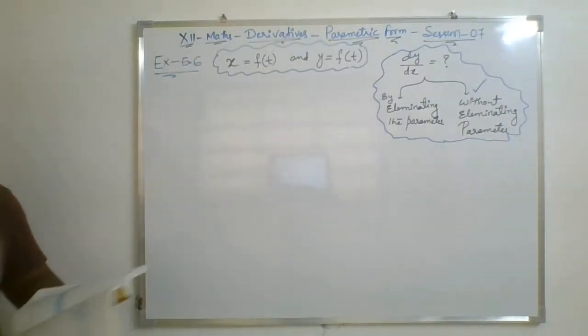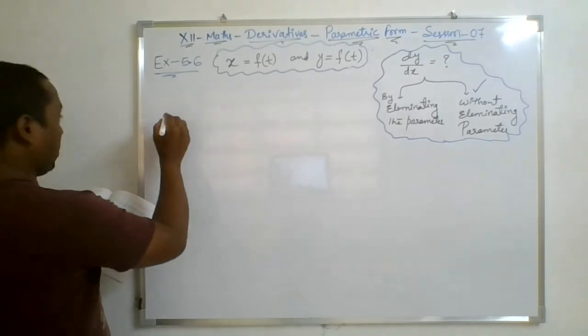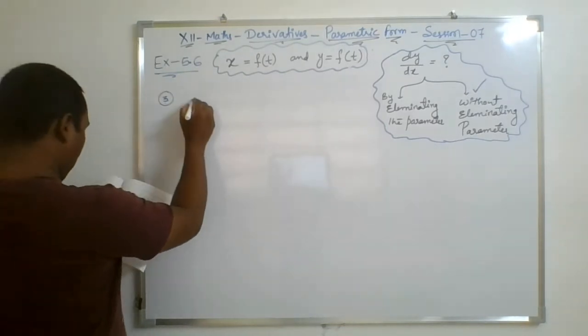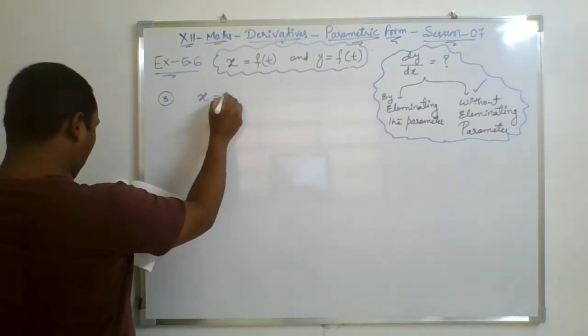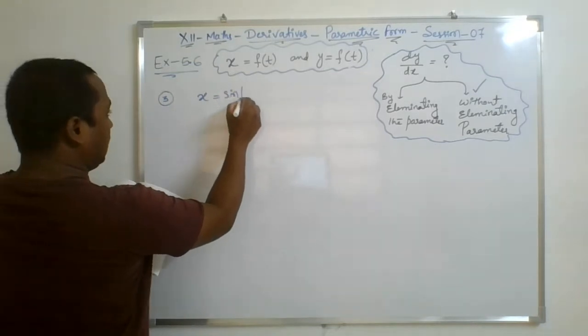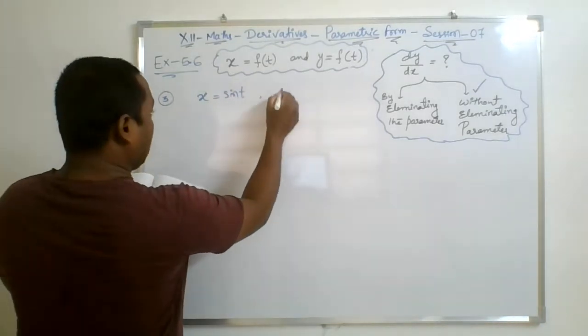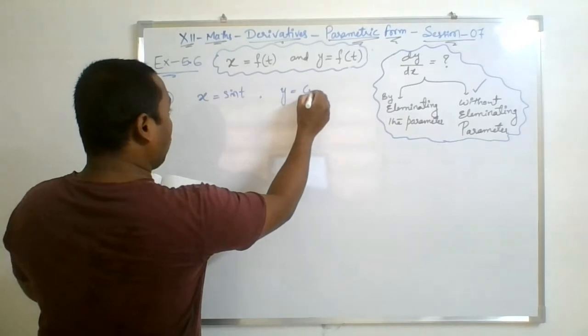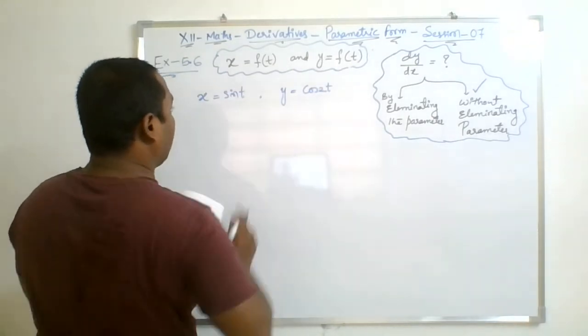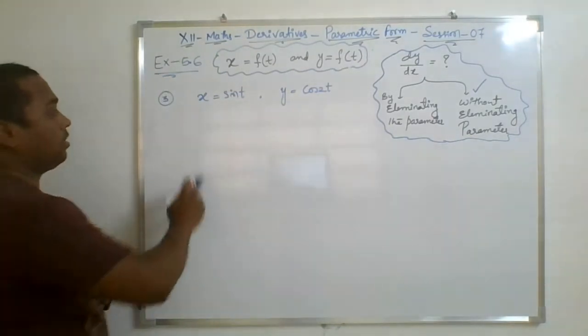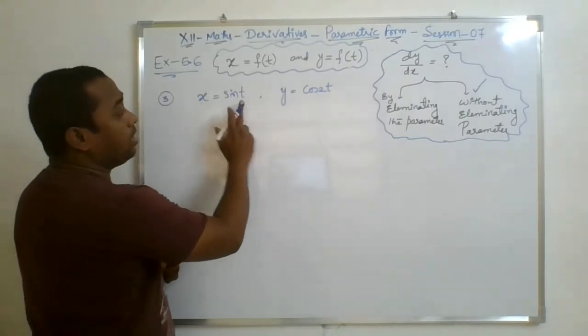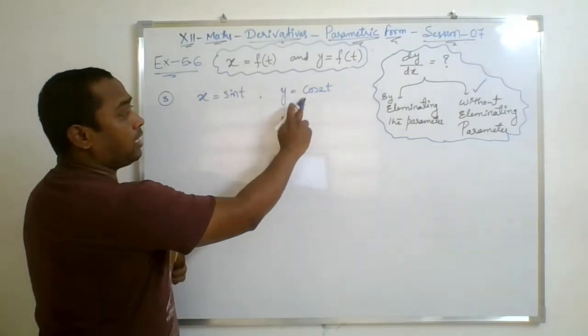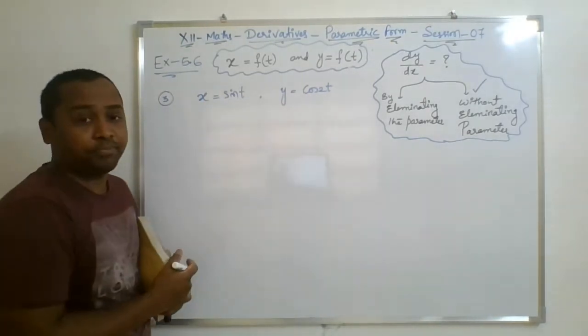The next question I am taking here, question number 3. x is equal to sine t and y is equal to cos 2t. Again, you can say here x is a function of t, y is a function of t, and t is called the parameter.